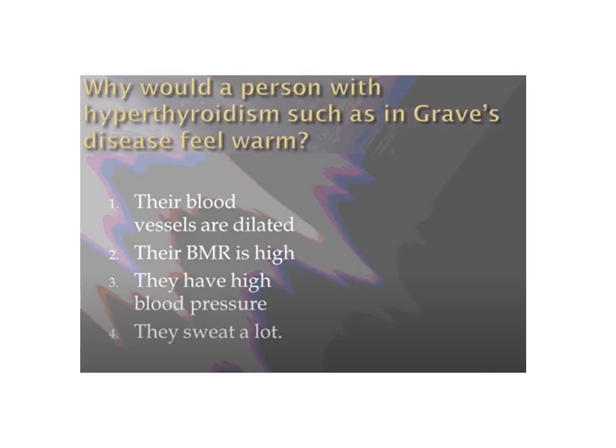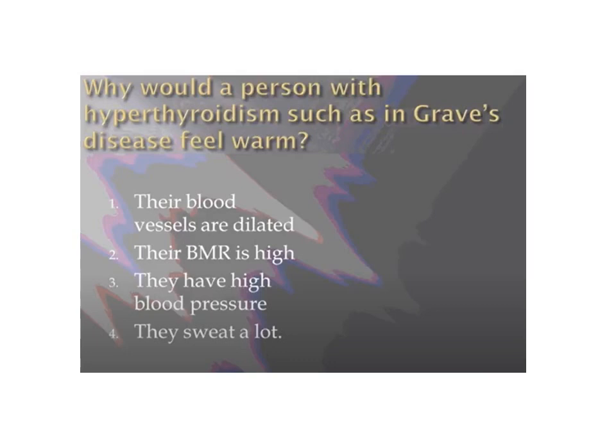Now, just a question: why would a person with hyperthyroidism, such as in Graves' disease, feel warm? The answer is that they have a greater BMR. It is not that their blood vessels are dilated or they have a higher blood pressure or they sweat a lot.